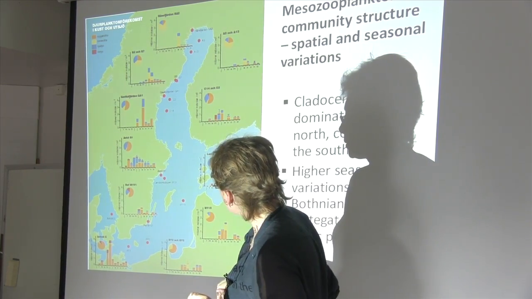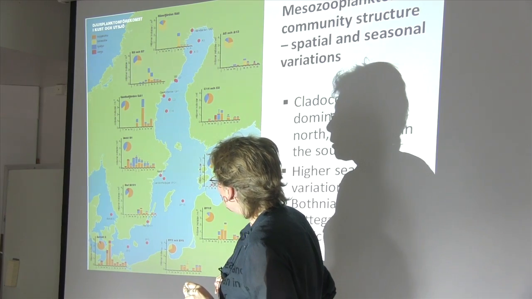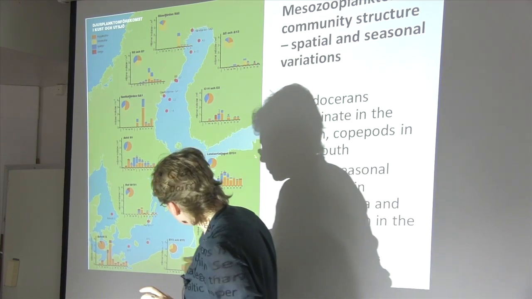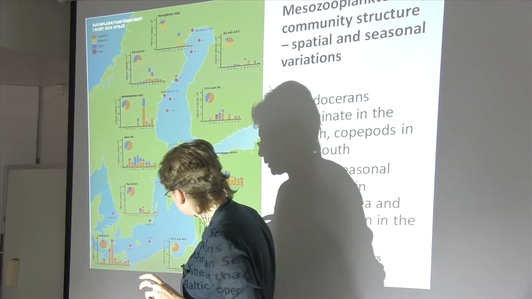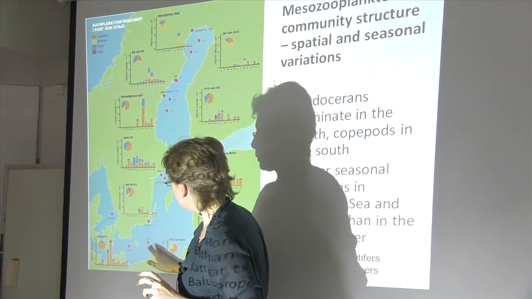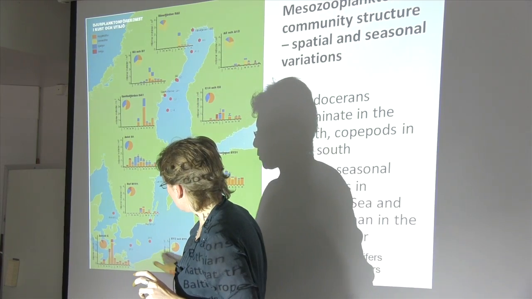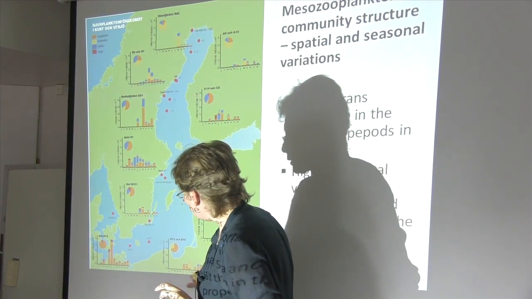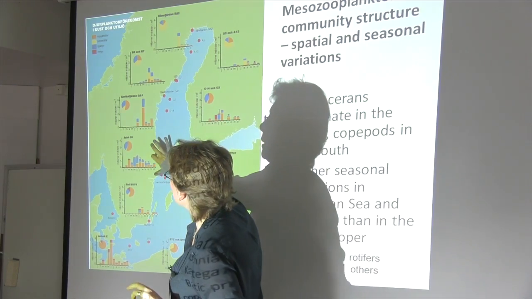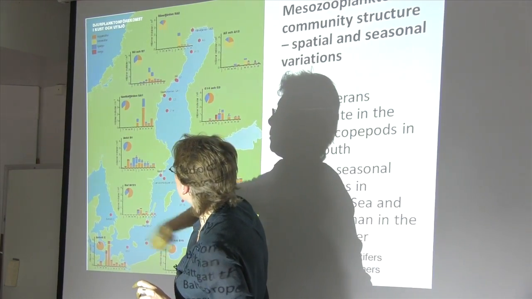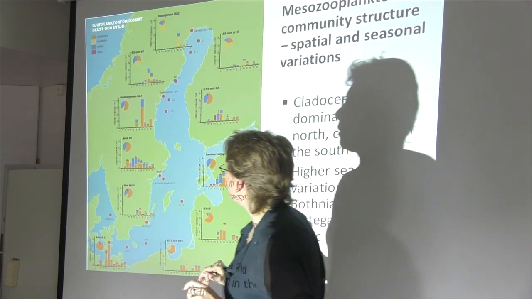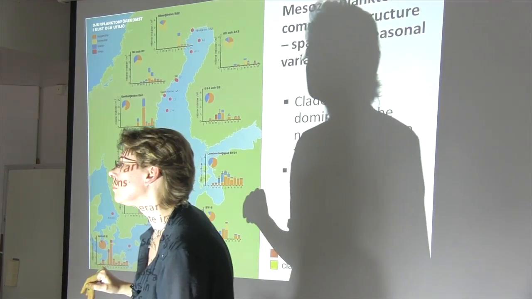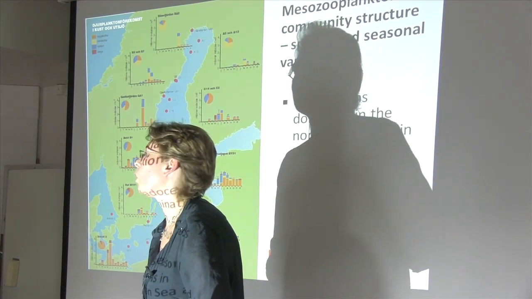What also shows here are relatively lower values for the Bornholm station. It's for BY5, which is here. Relatively low values compared to the values in the middle part of the Baltic.